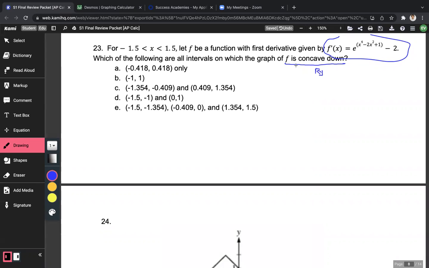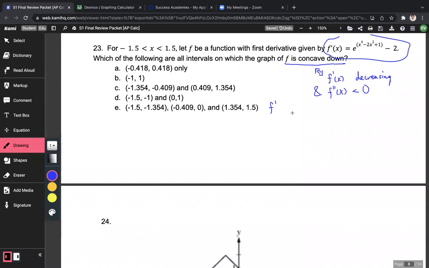So that means if f is concave down, our first derivative, f prime of x, must be decreasing, or we could say f double prime of x is less than 0. We can do this two ways. We can graph f prime of x and see where it is decreasing. You're going to have to use your calculator to find the max and the min to see what those intervals are precisely. I chose to just find f double prime of x because it's actually not that hard to do.